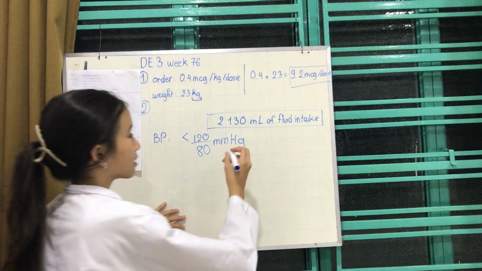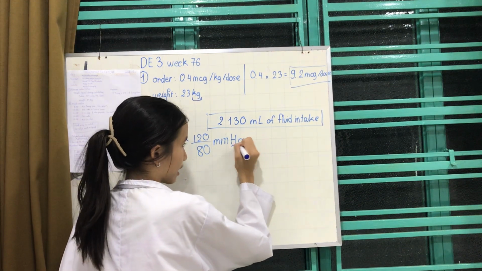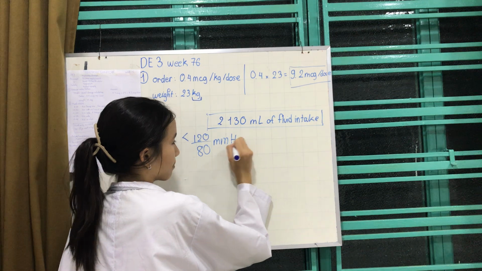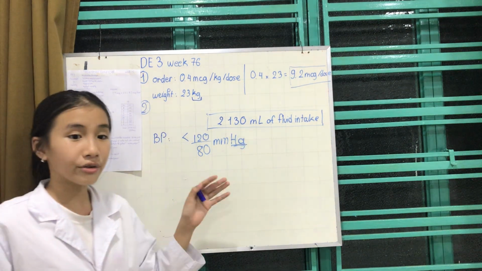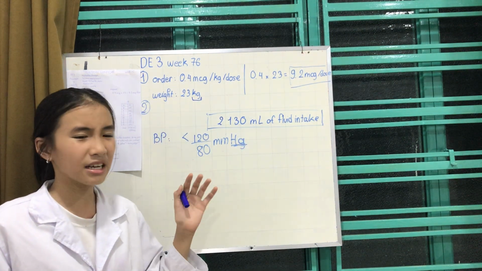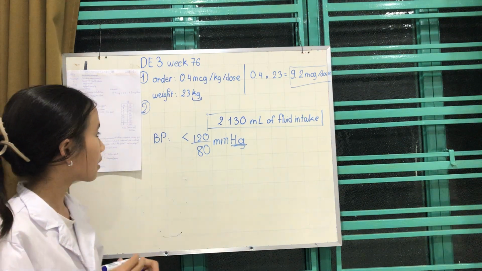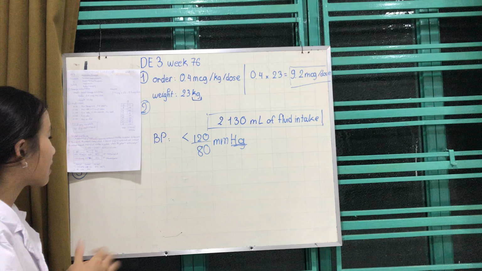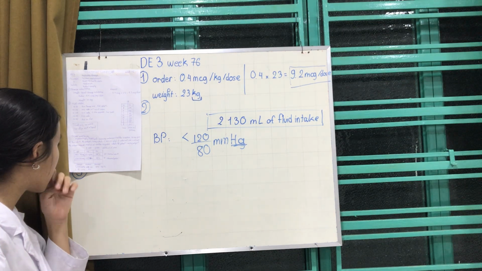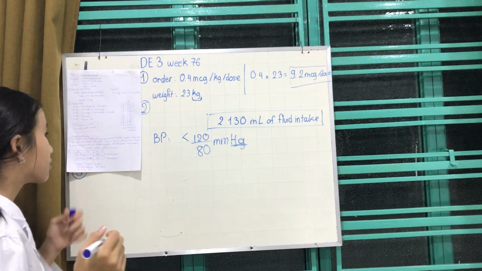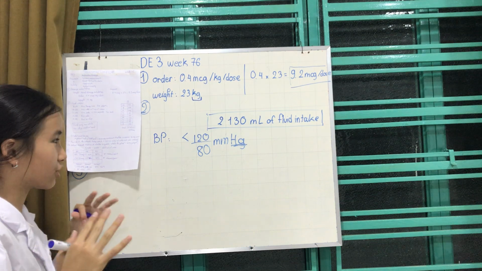So this is the symbol for the element mercury on the periodic table. And that is for the blood pressure. So why is it in fraction form?